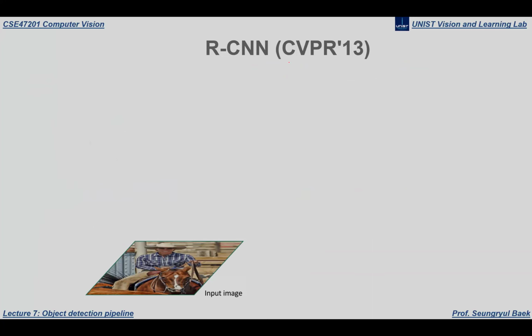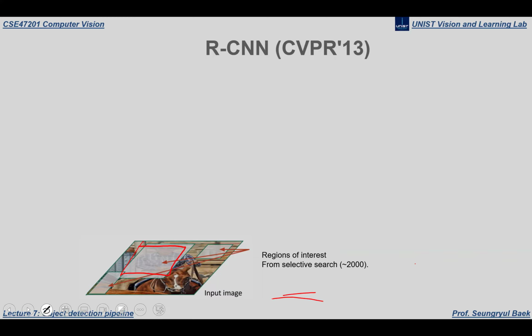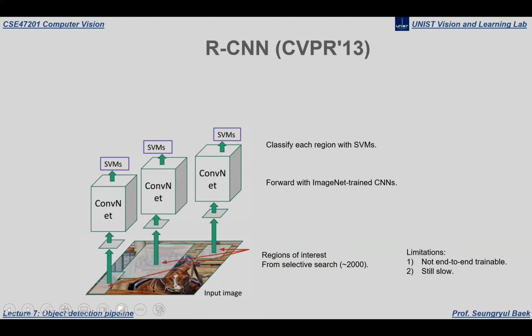Anyways, the RCNN, which was the initial algorithm that achieved object detection using the CNN, uses these 1,000 to 2,000 bounding boxes extracted from selective search, applies them to the original image, and then applies a CNN for each region. So in this method, we still have to apply CNN 1,000 to 2,000 times.